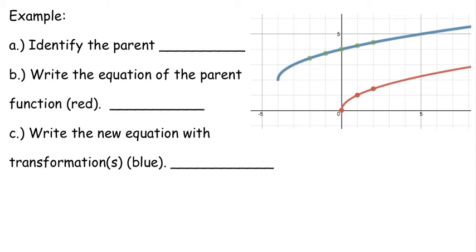All right, here's our last example. We want to identify the parent. Your parent here is in the red. The first ordered pair is 0, 0. The next one is 1, 1. And then this is over 2, 2 point something. And we're not too concerned about what that 2 point something is. It is a square root function, so you should be able to identify that, your square root.